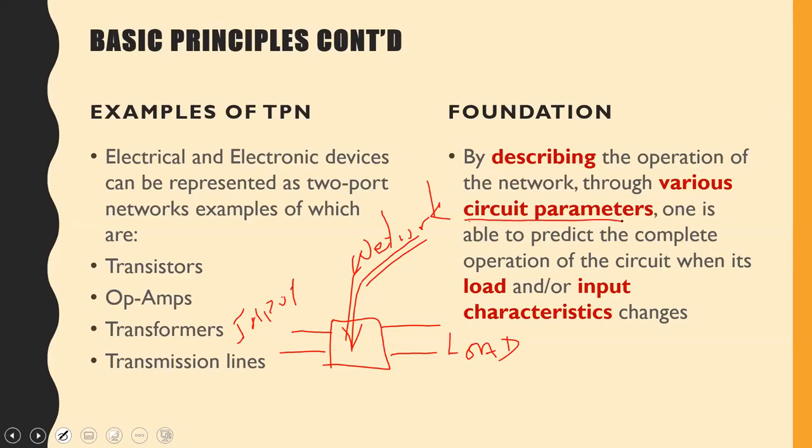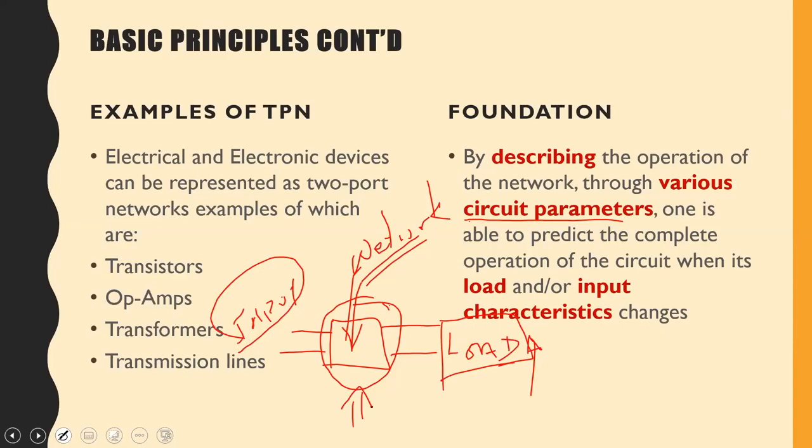And based on the mathematical model, when I vary this load, I will see what impact it will have on the input. Similarly, when I change the input, I can determine what impact it will have on the load because I have already defined the network.